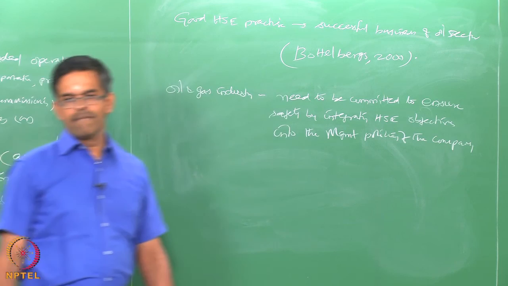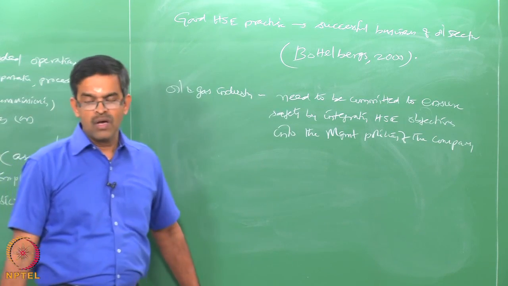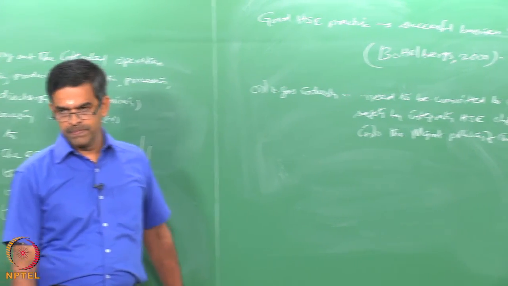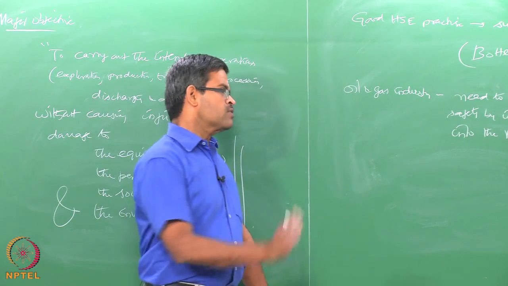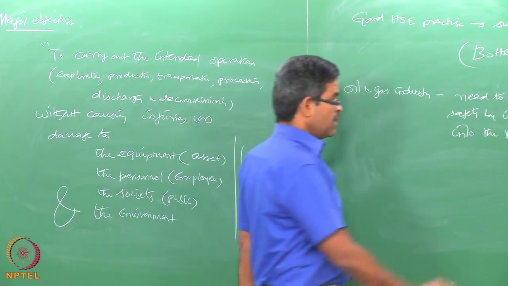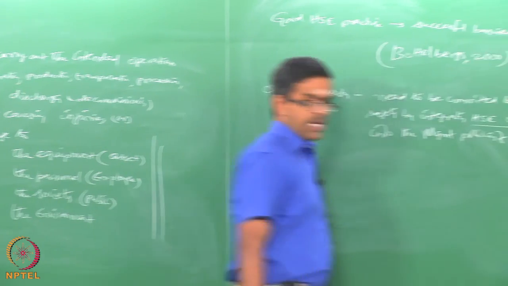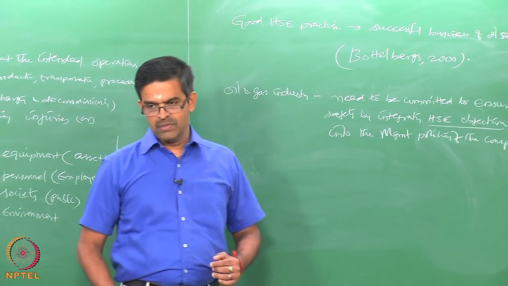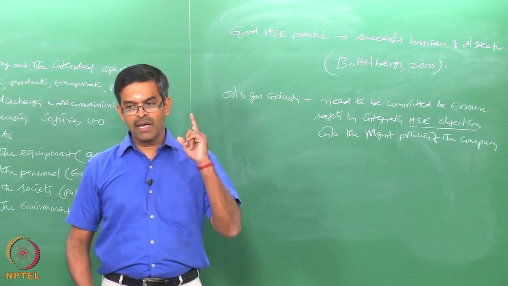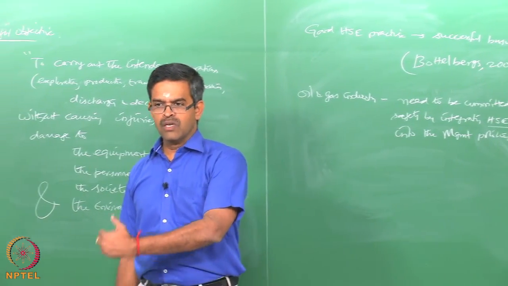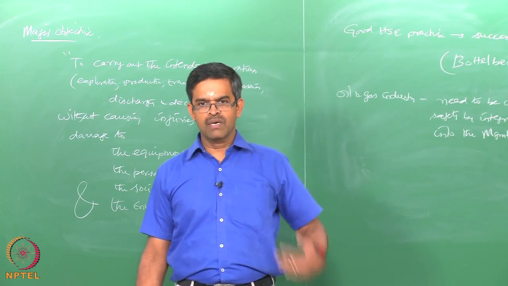It is very interesting. HSE implications are not post accidental views. They are always looked into as preventive measures, because HSE objectives should be integrated to the management policies of the company itself. So, therefore, it starts from the top hierarchy of the company, it goes through successfully to the least and lowest level of employee of the company.